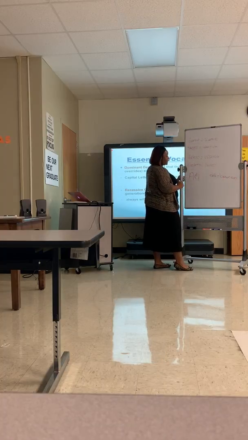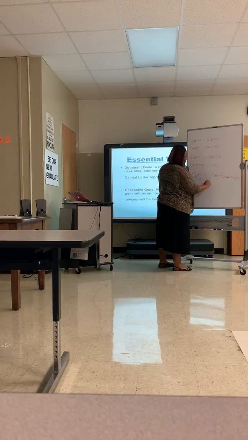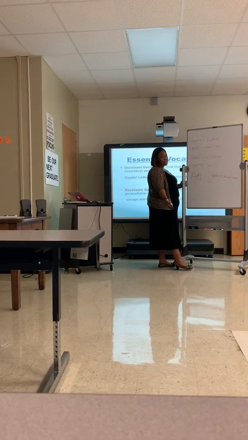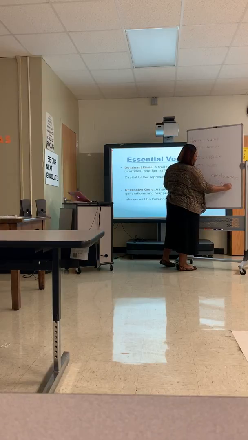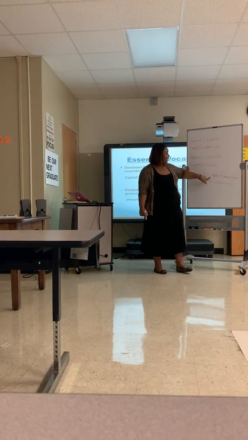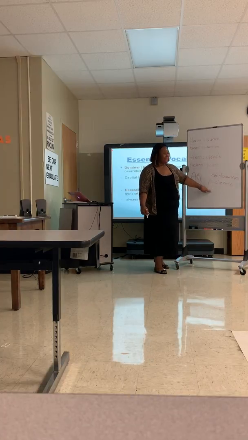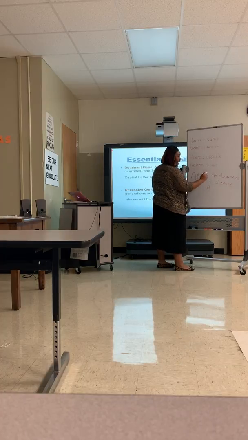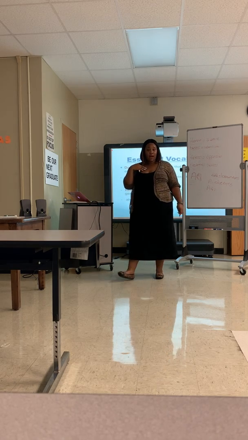If we're dealing with dominant genes, what if capital A represents blue eyes? So we have lowercase a that represents brown eyes and capital A that represents blue eyes. If we put the allele combination capital A, lowercase a, what do you think the offspring's eye color would be?